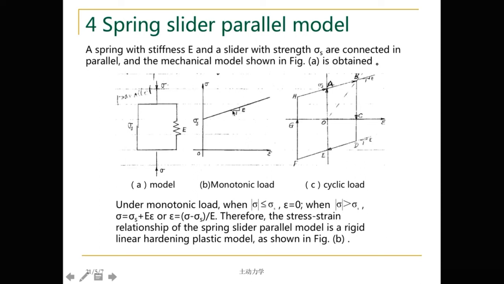The slope of this line is E. With cyclic load, it creates this shape, a hysteresis loop, from O, A, B, C, D, E, F, G, H, back to A.